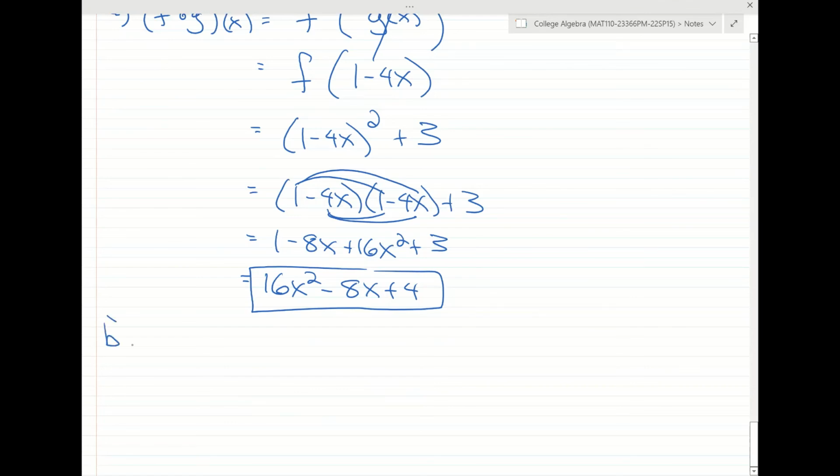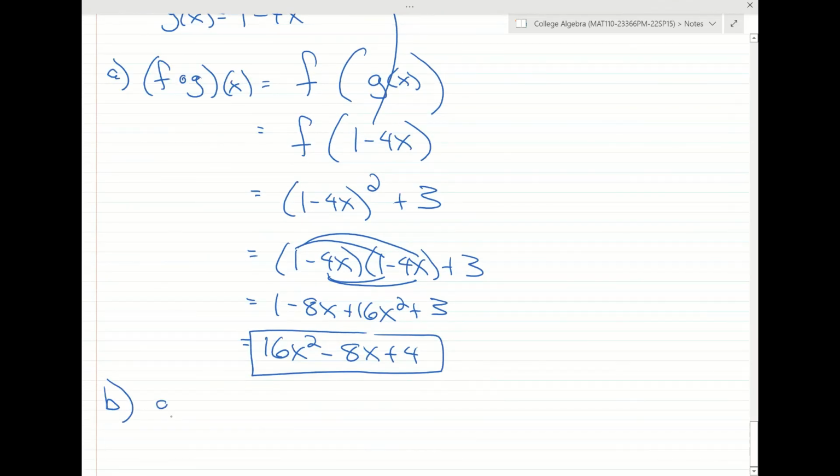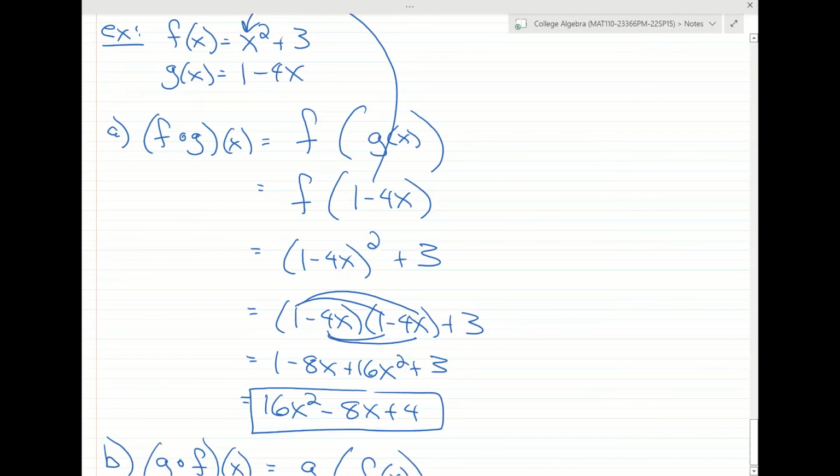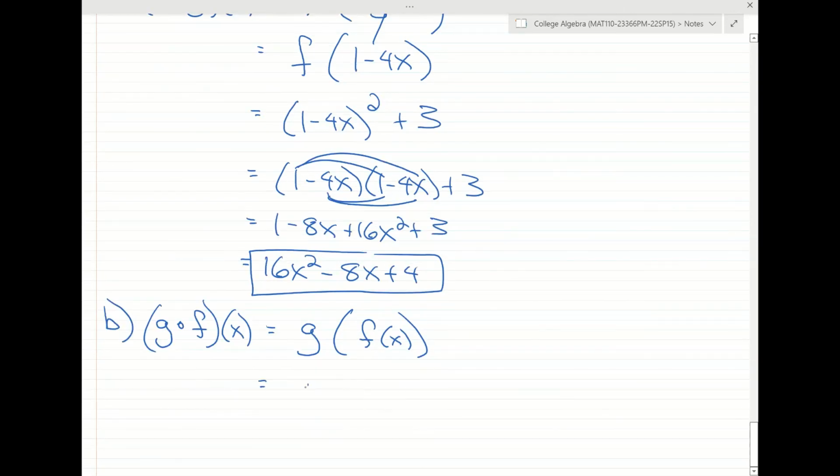What if we switched it? What if we did g of f of x? This just means g, but you put f of x inside the parentheses. F of x is x squared plus 3, so we'll just put that right here.